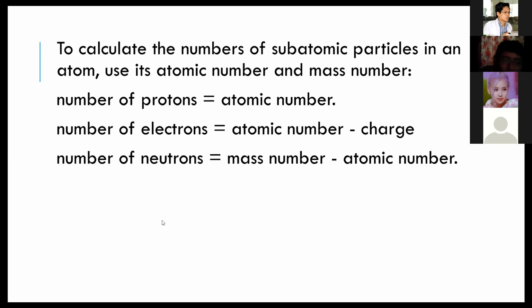The number of protons is equal to its atomic number. The number of electrons is the atomic number minus the charge. If it is neutral, or not an ion or a cation, the number of protons is equal to the number of electrons. How about the number of neutrons? This is the mass number minus the atomic number.